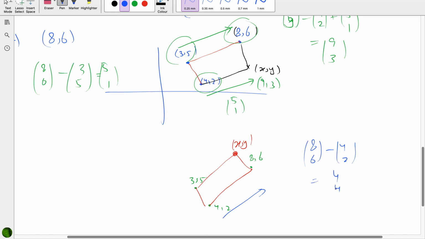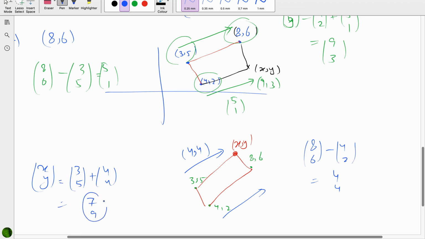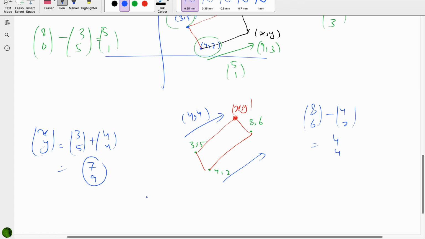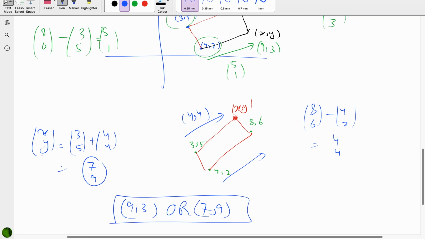So this is (4, 4). Now we know that this vector is (4, 4). So xy would be initial point plus the translation vector. So the possible values are (9, 3) or (7, 9) for it to be a parallelogram.